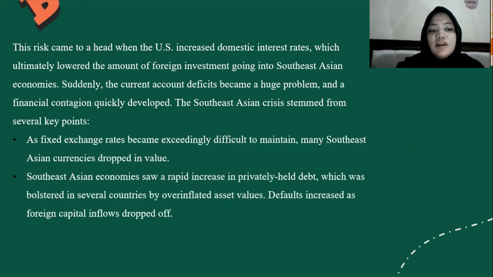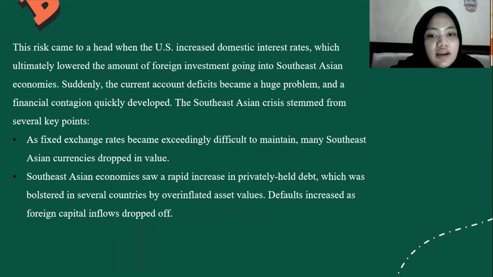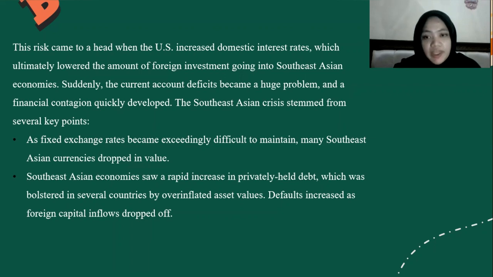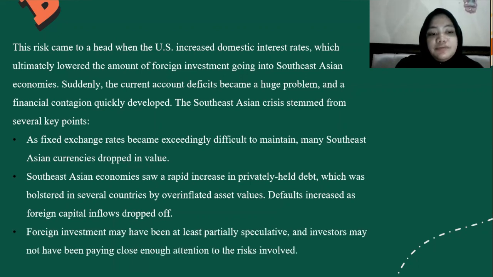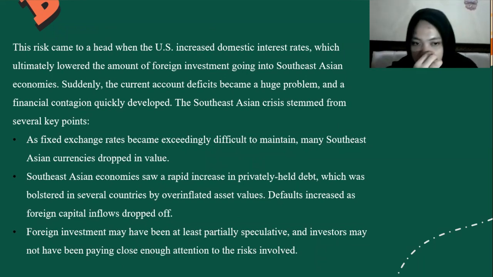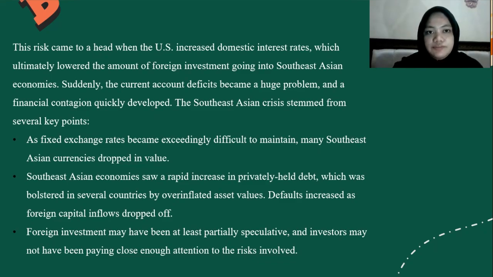The second one is Southeast Asian economies saw a rapid increase in privately held debt, which was bolstered in several countries by overinflated asset values. Therefore, it increased as foreign capital inflow dropped off. The last one is foreign investment may have been partially speculative, and investors may not have been paying close enough attention to the risk of fraud.